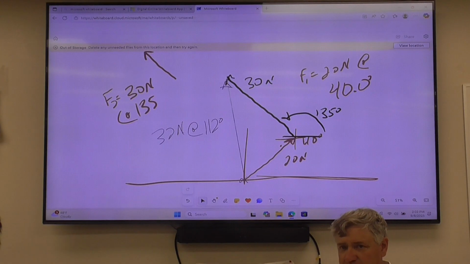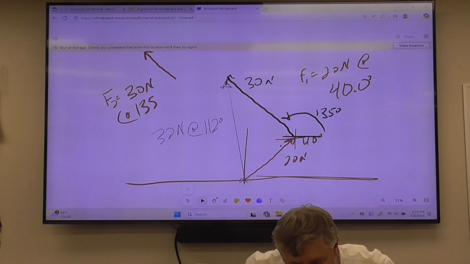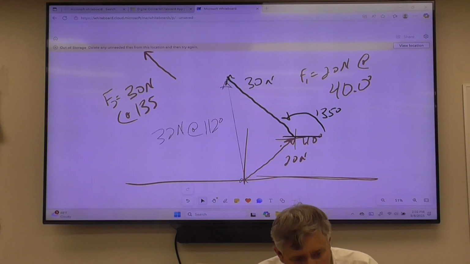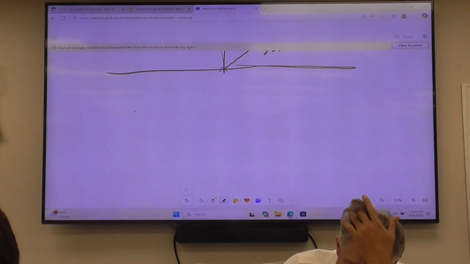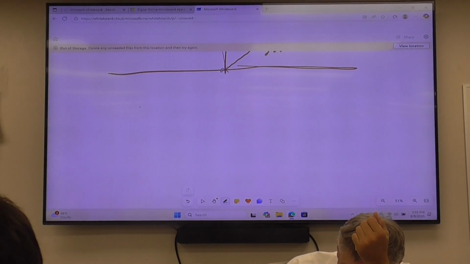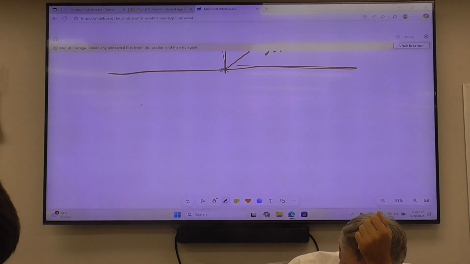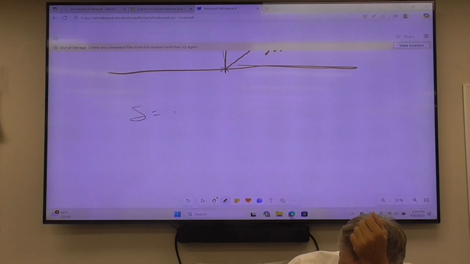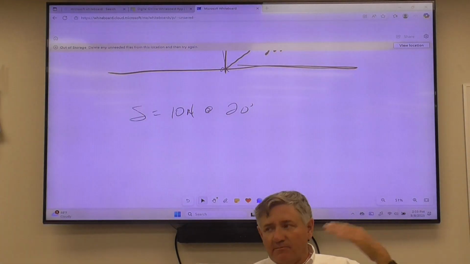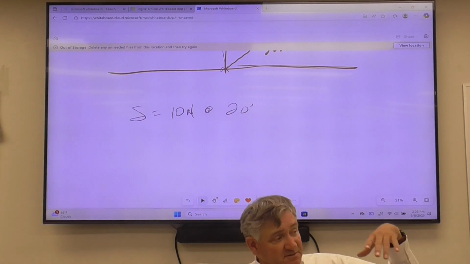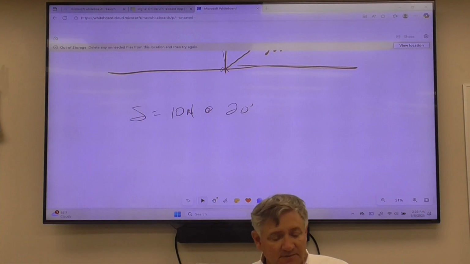Got it. Okay. Now, sometimes with vectors, we want to have multiplications of a vector in the sense that you might be told that vector S might be like 10 newtons at 20 degrees, okay? So sometimes we want to double this.